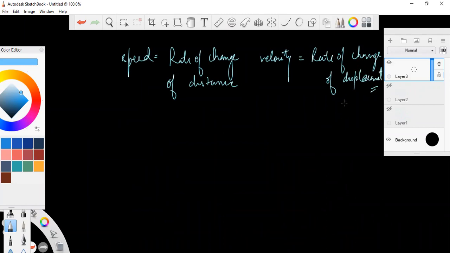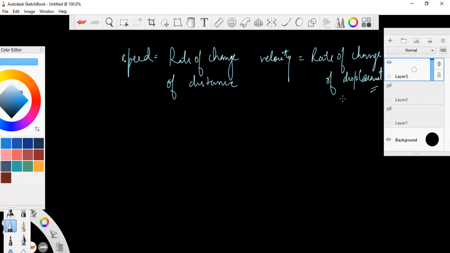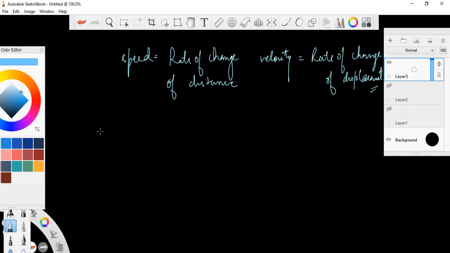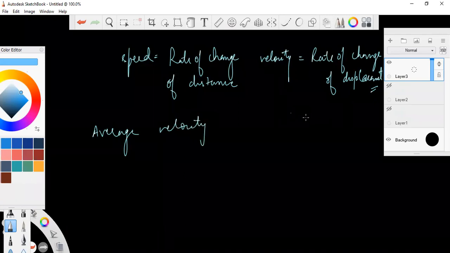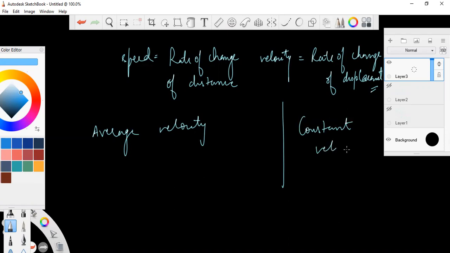Okay. Suppose, there was one more thing. We had average velocity. And what is the difference between average velocity and constant velocity? Can you tell me the difference between average and constant velocity?